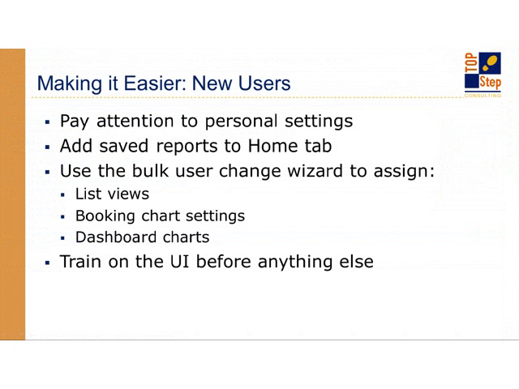You can use the bulk user change wizard to assign them list views, booking chart settings, and even dashboard charts. So if you have some dashboard charts that you've set up that you think are useful to new employees, you can assign them with the bulk user change wizard. Also list views.